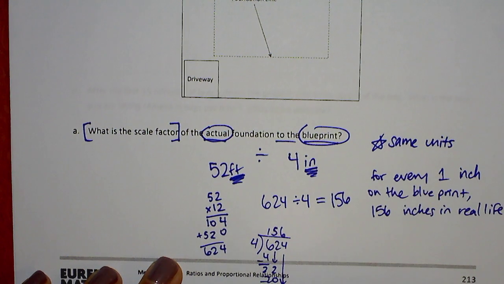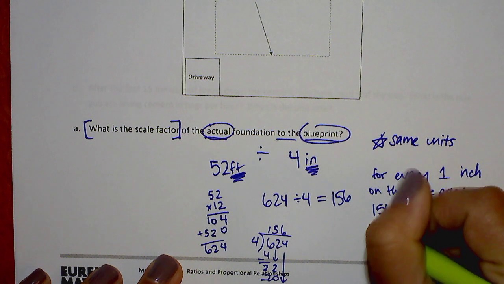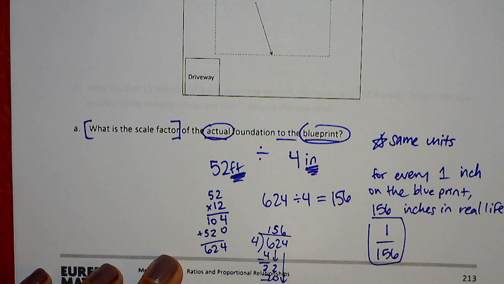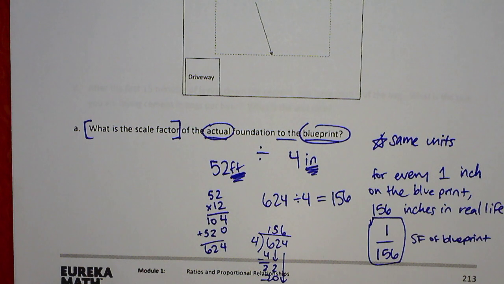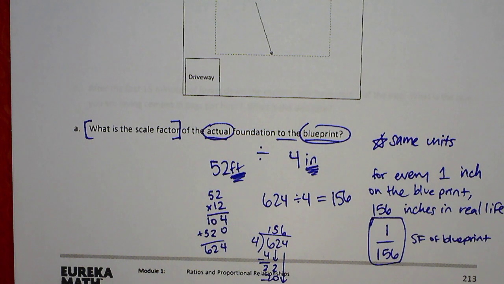So they wanted you to give 1 over 156 as the scale factor of the blueprint, because the blueprint is 1/156 the length of the actual foundation. 1/156th.